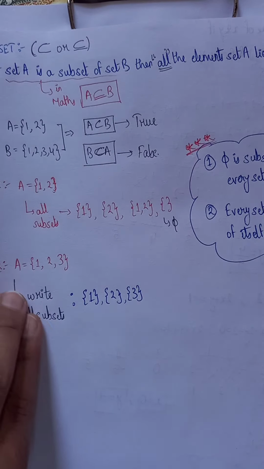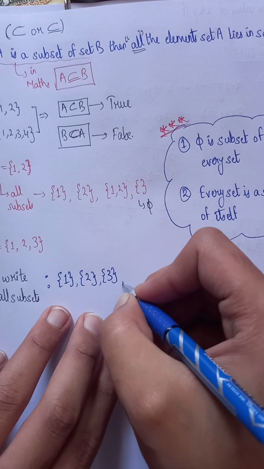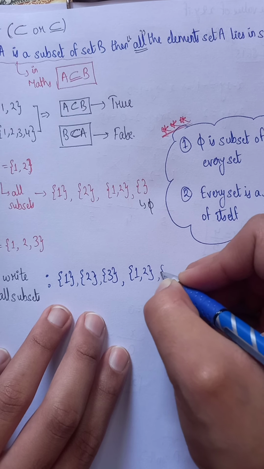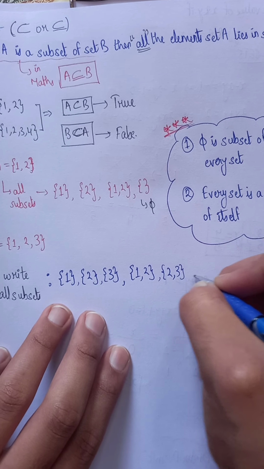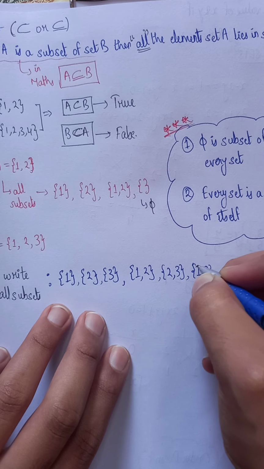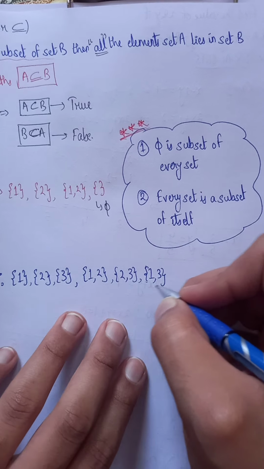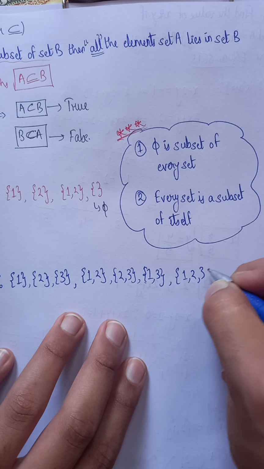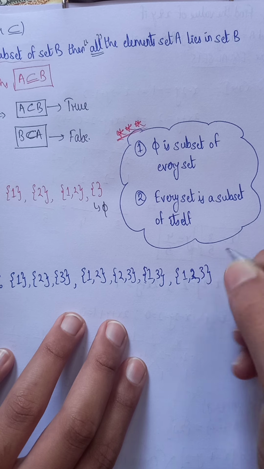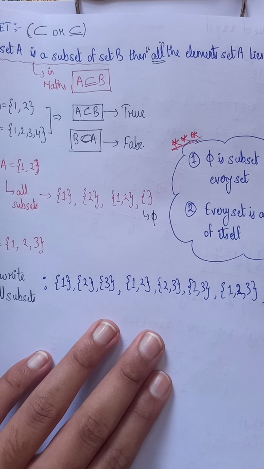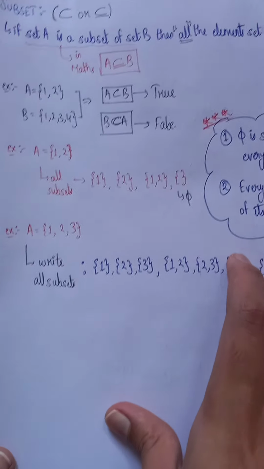First we write all the elements singly, then we group them: 1 comma 2, 2 comma 3, 1 comma 3, and then 1 comma 2 comma 3, and then the empty set phi. Okay, so that's it.